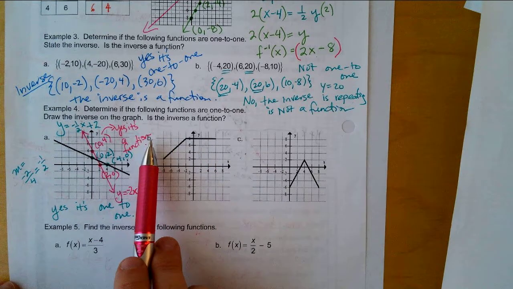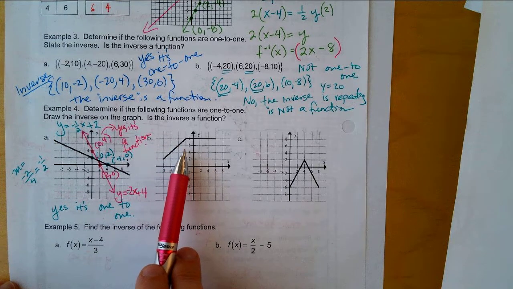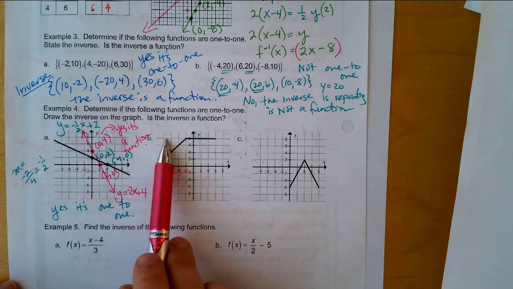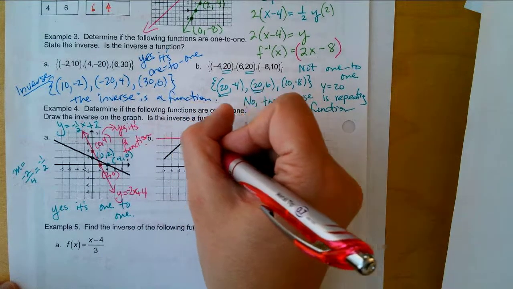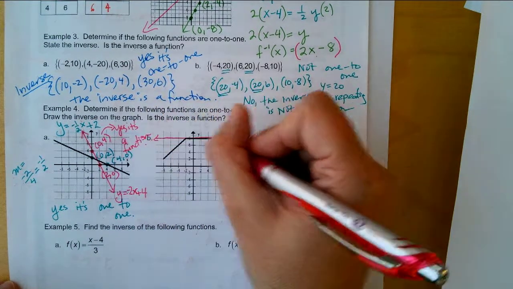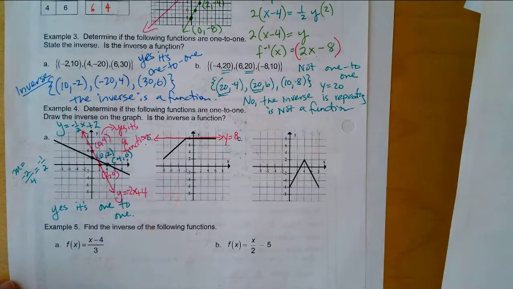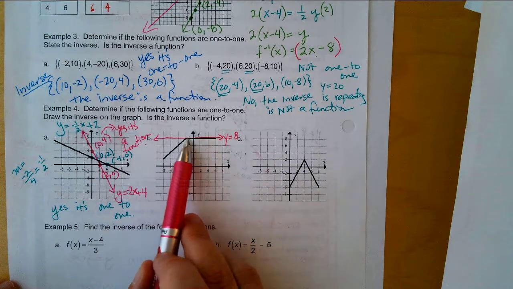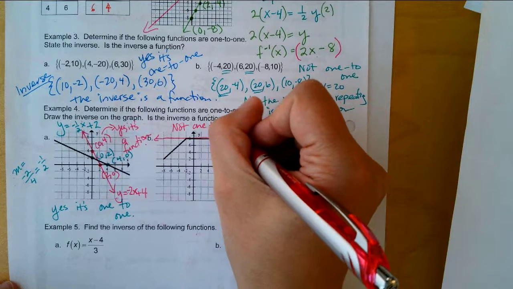If I draw a horizontal line, am I going to cross more than one point with a horizontal line? Yeah, here if I draw, what's the equation of this line right here? y equals 8. I'm actually hitting that graph multiple times. So this one is not one-to-one.